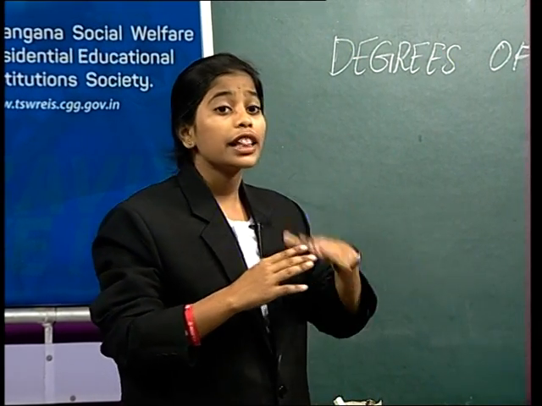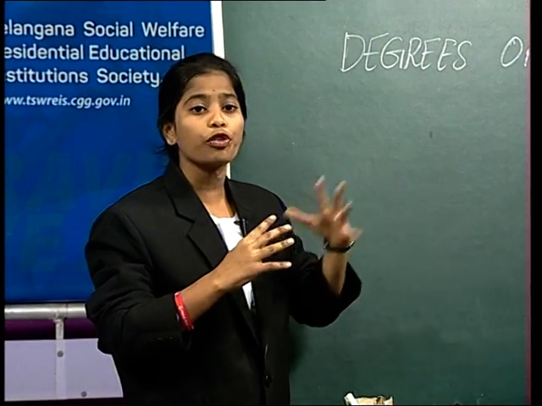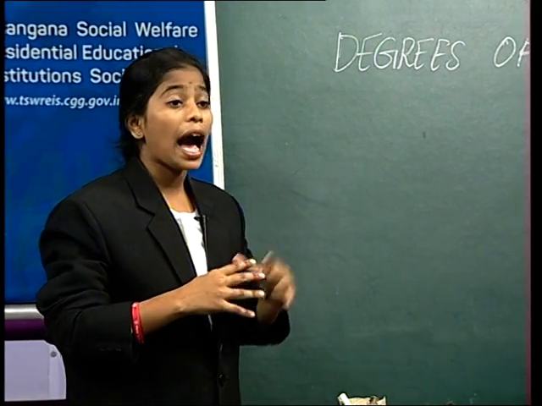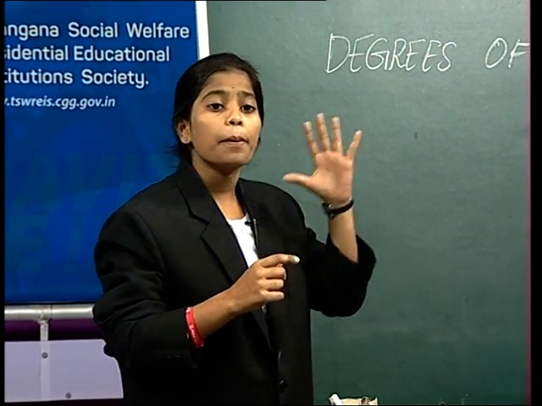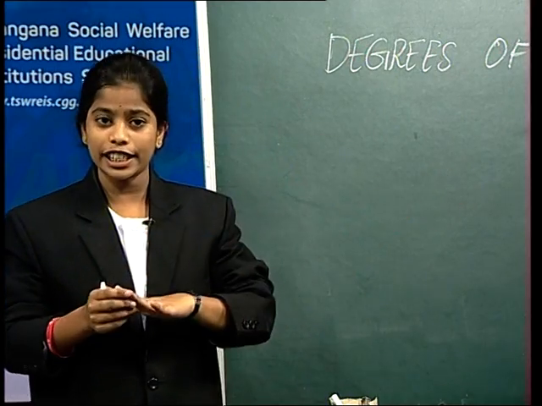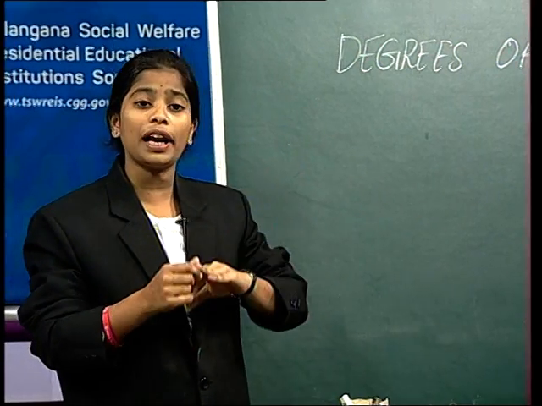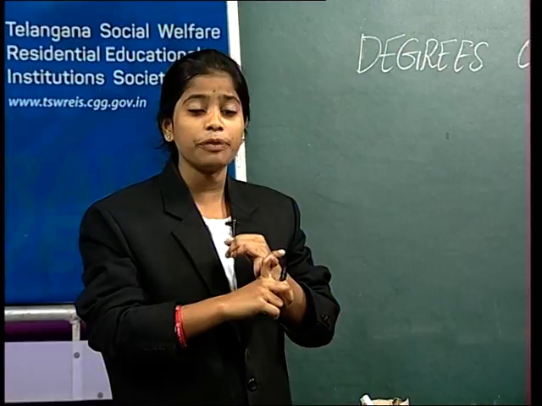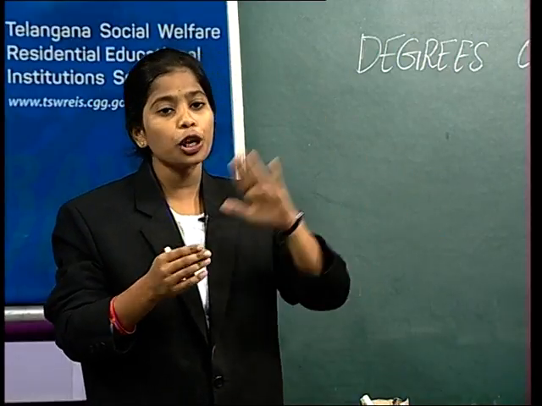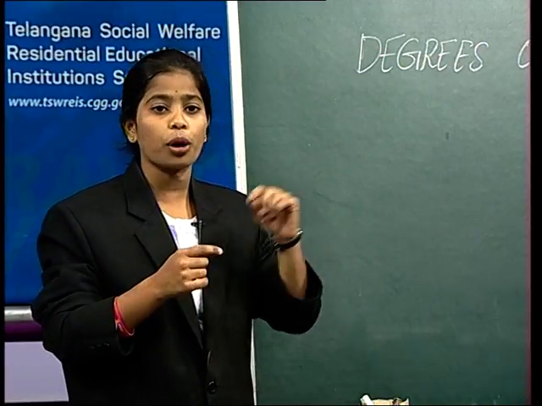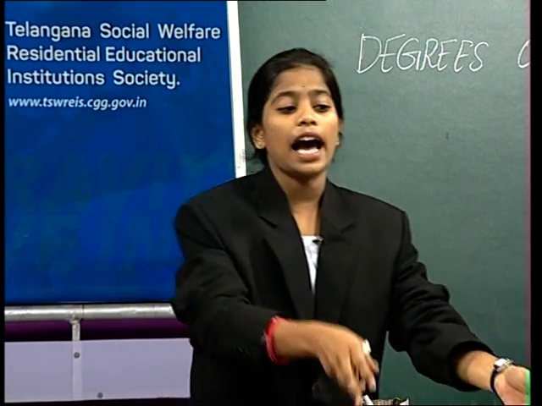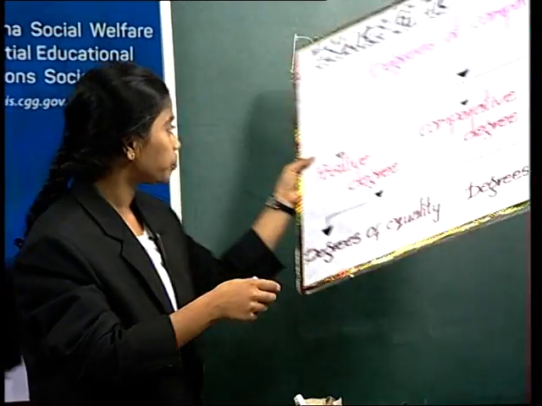Most of the comparative forms are formed by adding er to the positive form of the adjective, and most of the superlatives are formed by adding est to the positive form of the adjective. So let us have a glance at a chart.